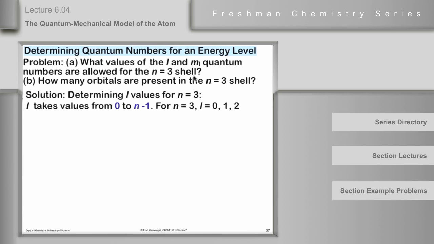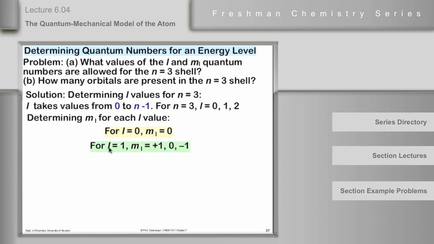But it asks us for the m sub L values too, and they are dictated by the values of L. So we determine m sub L from each L. For L equals 0, m sub L equals 0. That's the only thing it can be. For L equals 1, m sub L runs from -1 up to +1 in whole number steps.